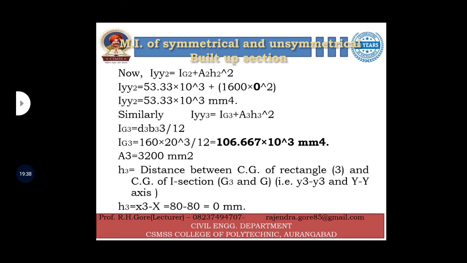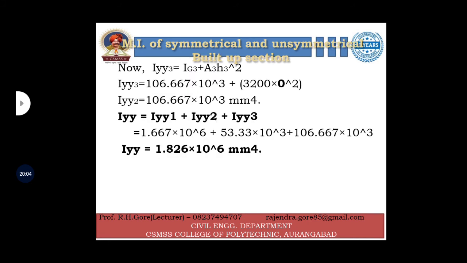So 160 into 20 cube by 12, 106.667 into 10 to the power 3 power 4, and hence it is also equal to Iyy3 because given section is symmetric about y axis, H3 becomes 0. So Iyy3 is equal to 106.667 into 10 to the power 3.